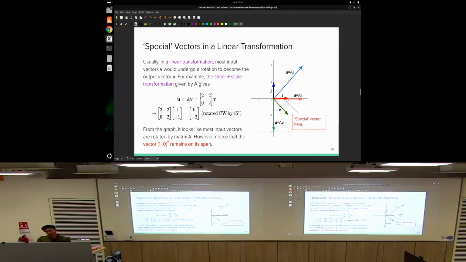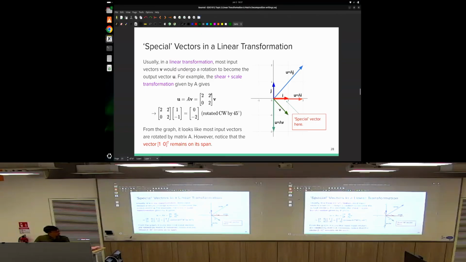Now, if you look at this example, u equals Av, so u is the output vector, v is the input vector, and A is just a matrix. If you look at this particular matrix, it is just a shearing plus scaling 2 times transformation. Because your vector i, (1, 0), becomes (2, 0). You can see (2, 0) here, so it just elongates the original vector twice.